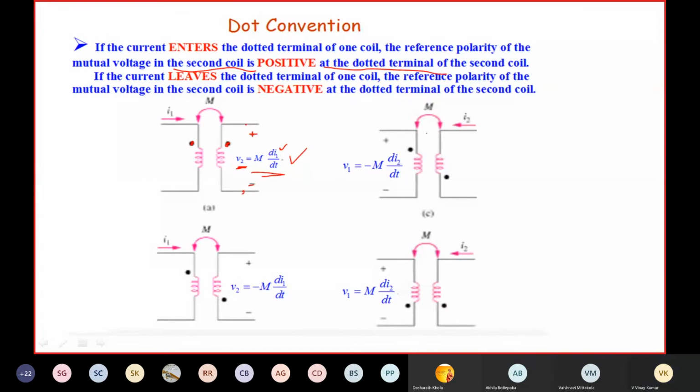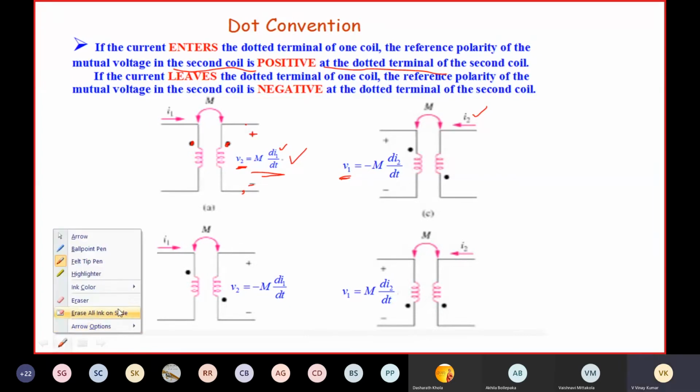Coming to this, the mutual induced EMF in coil 1 because of current flowing through coil 2. Because of I2, EMF is induced in coil 1. So here current is flowing like this, right? Flowing like this means current is leaving the dotted terminal. Here we have one more statement.